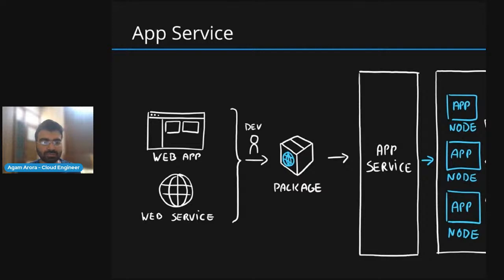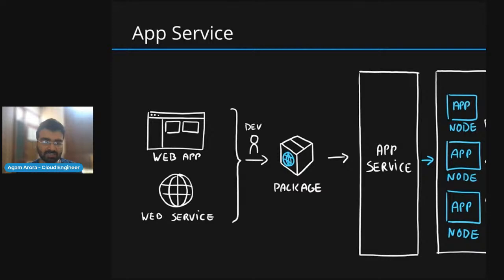Next is the Azure App Service. So it's a web application service in the Azure environment. For example, if we just want to create a web application and host it, it's a very good approach, and it's a platform as a service because here the developers first of all create a package of that web application.